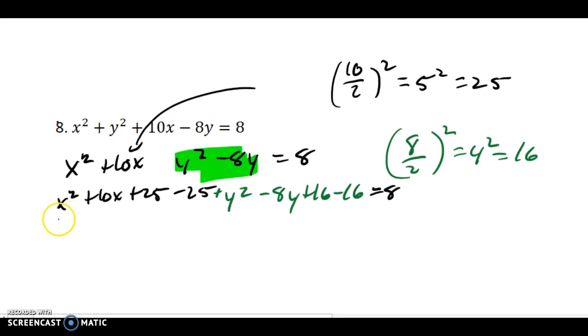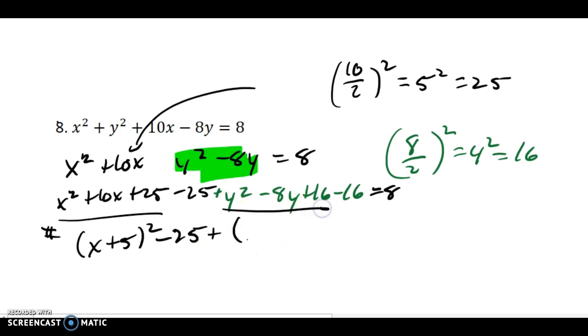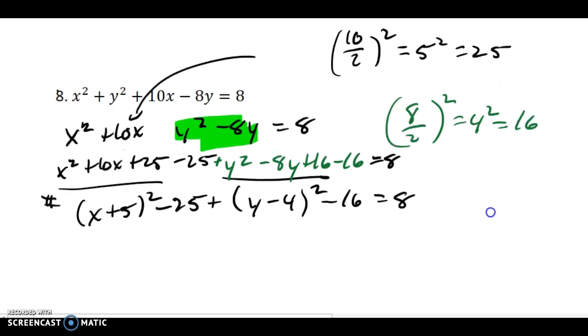Okay, and then I'm going to tic-tac-toe this. So I get x plus 5 squared minus 25 plus, now in tic-tac-toe that, y minus 4 squared minus 16 equals 8. So now we completed the square twice.